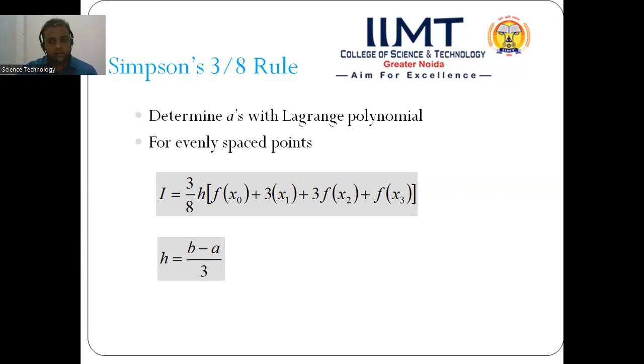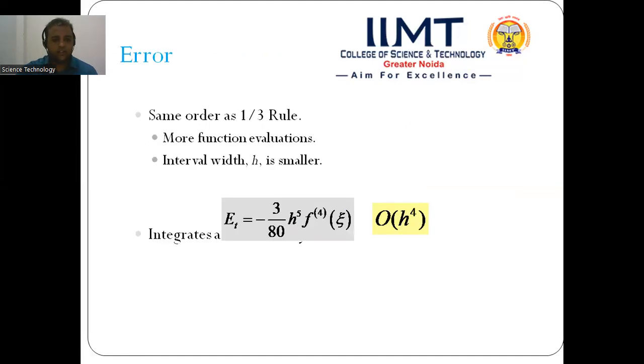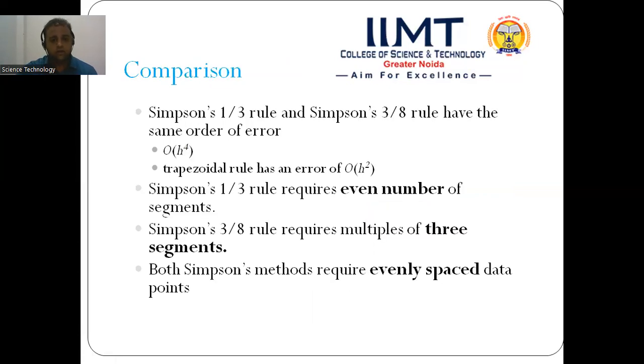If the number of intervals increases, h will be a smaller value. So it depends upon how much partition we are using. If h is a very small number, the fourth power of h is also small compared to h squared. That's why Simpson rule has lesser error than the trapezoidal.